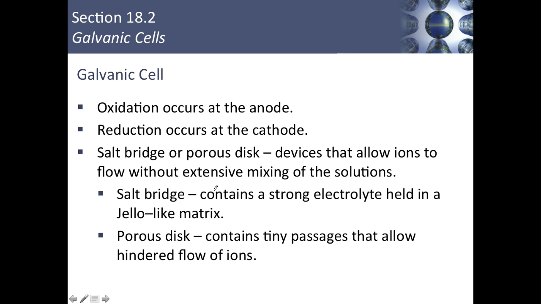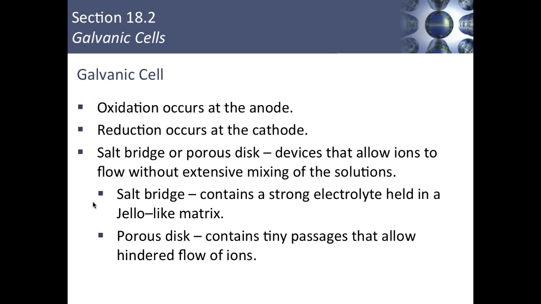The other thing that we can use, besides the porous disk as we specified before, is what's called a salt bridge. Now, the salt bridge is usually going to contain a gel of a strong electrolyte. This is again going to allow for us to have transfer of ions without them affecting the overall reaction that's happening.